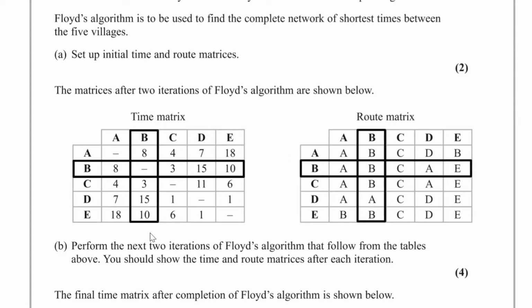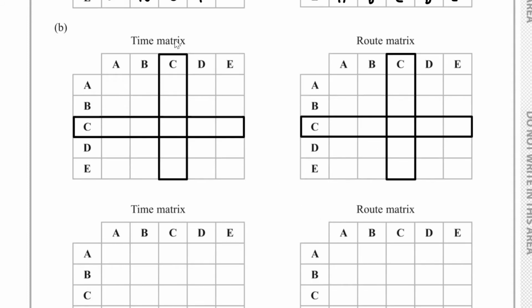So we can box those to show that we worked with these rows and columns during the second iteration, and therefore for the third iteration we will be working with the C column and the C row. And that's what we see shown here with the time matrix and the root matrix.